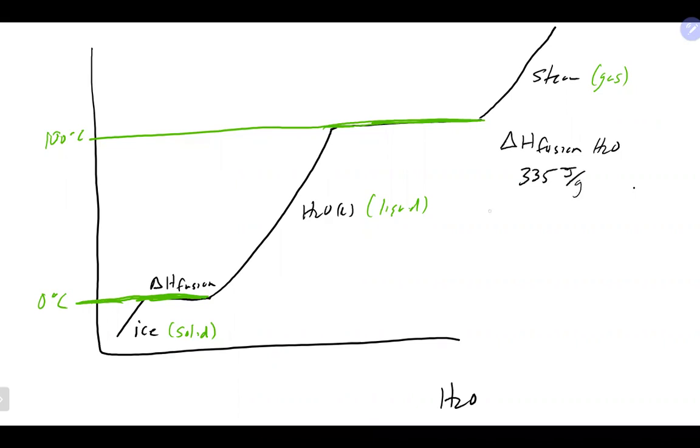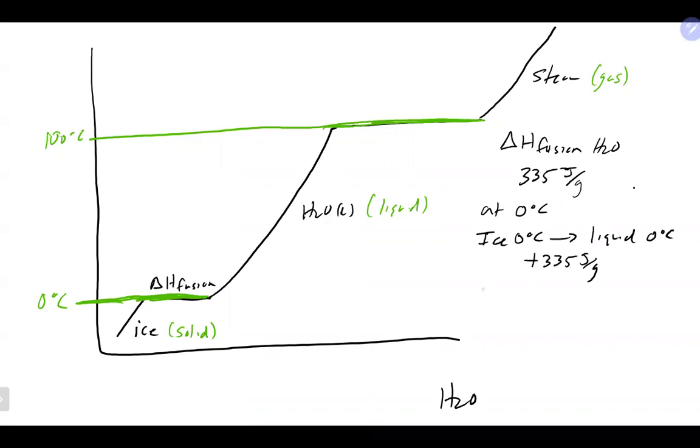That means if I wanted to take ice at 0 degrees Celsius to liquid water at 0 degrees Celsius, that will require a positive value of 335 joules per gram. It is positive because we're putting energy in, it is endothermic.